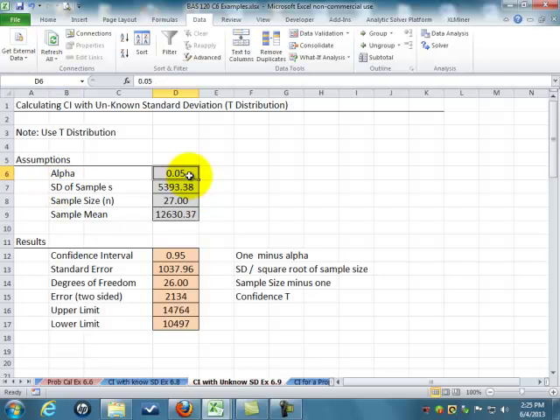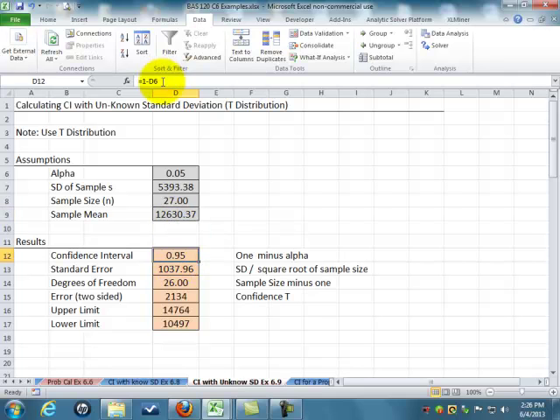So we have our alpha again. We have our standard deviation of the sample, which we're going to use because we don't know the standard deviation of the population. But that's going to add a degree of freedom, which we're going to talk about in a bit. There's our sample size and our sample mean.